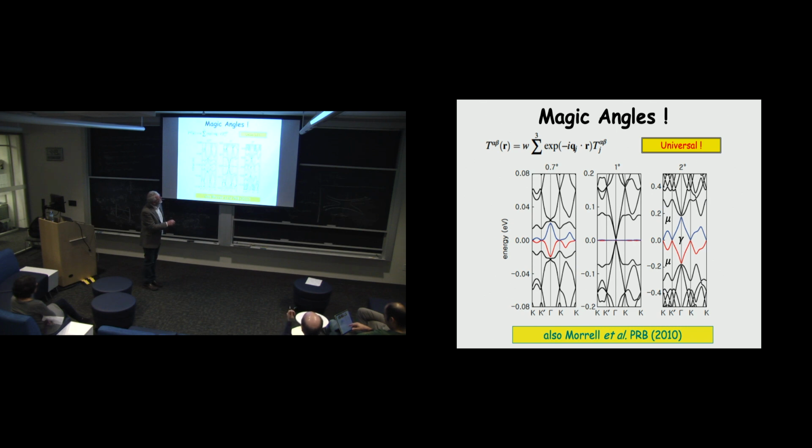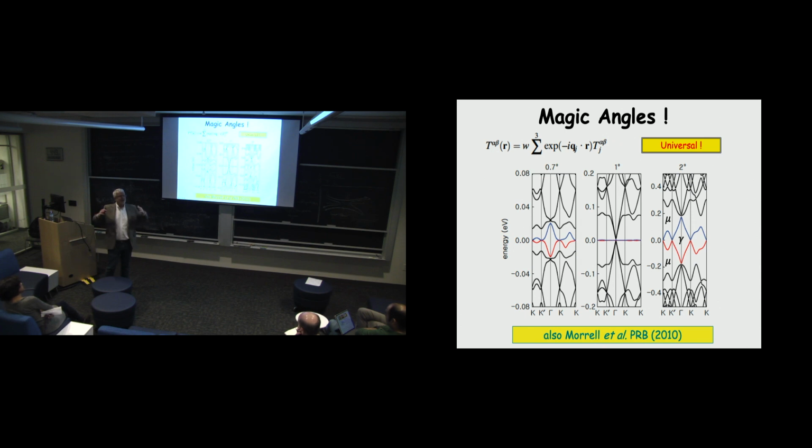You can see there's a big avoided crossing gap due to tunneling between the two layers. So the layers are starting to be strongly coupled. Whereas at this other point in momentum space, the point I've labeled gamma, there's only a little avoided crossing gap between the two layers. But nevertheless, as you turn the twist angle down, the layers become more and more strongly coupled.